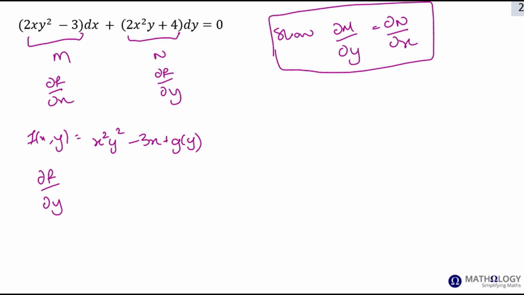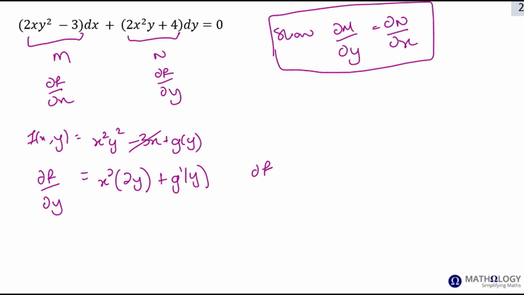So the partial of f with respect to y: anything that isn't y is a constant, so we'll have x squared times the derivative of y squared, which is 2y. The derivative with respect to y of minus 3x is going to be 0, because that's considered a constant term. And the derivative of g of y with respect to y is just going to be g prime y.